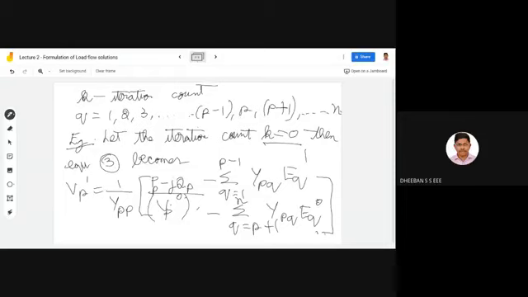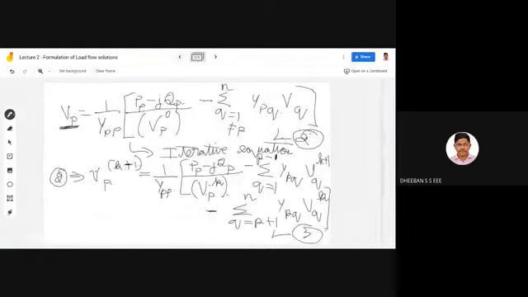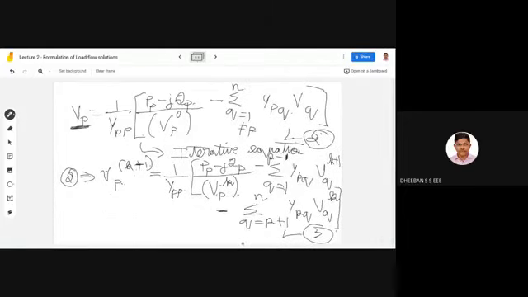This is a basic equation, a very, very important equation that you have to know, and using this equation all your iterative methods are built. There are nearly 4 iterative methods, and among those you will be studying only 3: Gauss-Seidel, Newton-Raphson, and fast decoupled.